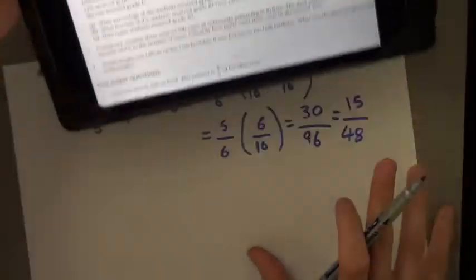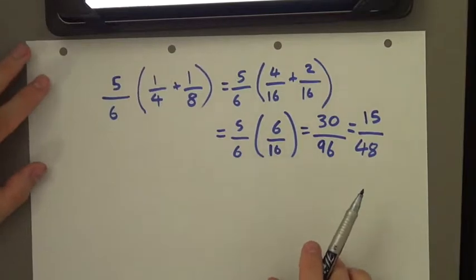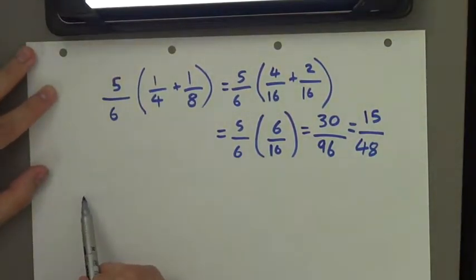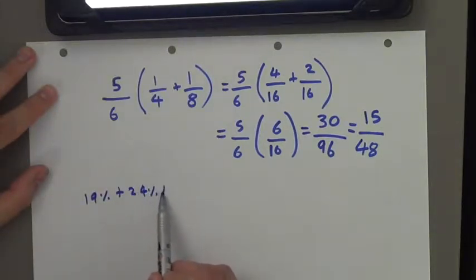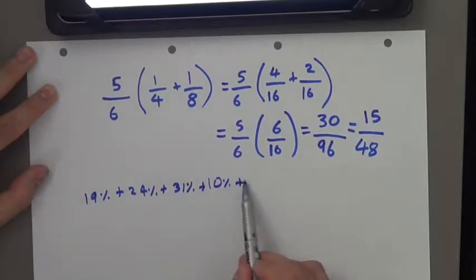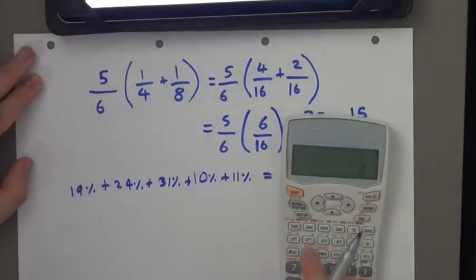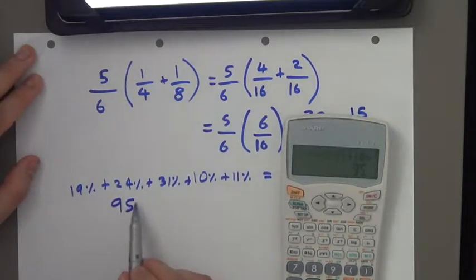So, first of all, remember, all probabilities, or in this sense, all fractions, add up to 1. So, I'm going to say 19% plus 24% plus 31% plus 10% plus 11% gives me what? Let's have a look. 19 plus 24 plus 31 plus 10 plus 11 gives me 95%.